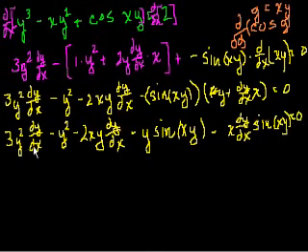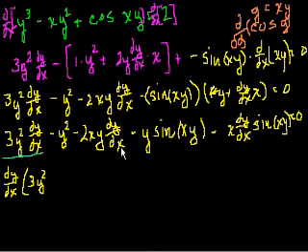Now let's group all of the terms that have a dy/dx in them and distribute out the dy/dx. So this is equal to dy/dx times this 3y squared minus 2xy. I'm just undistributing, or dividing out the dy/dx.